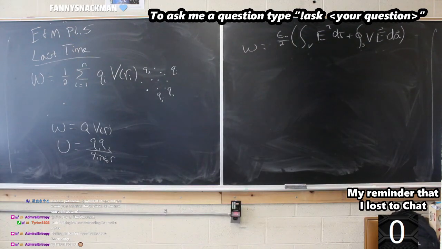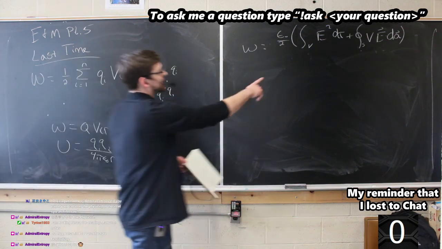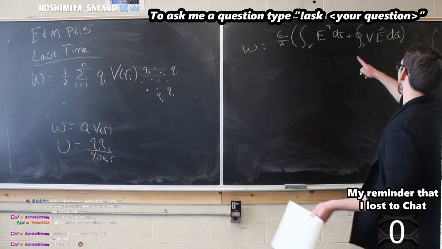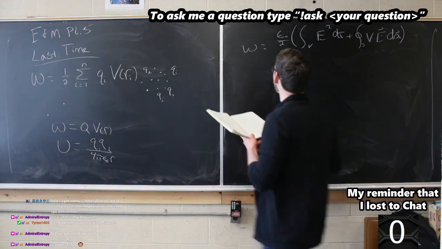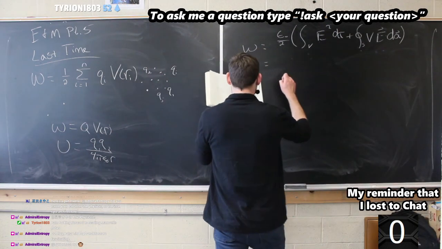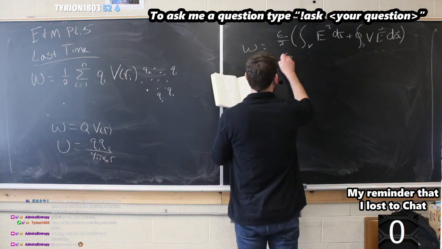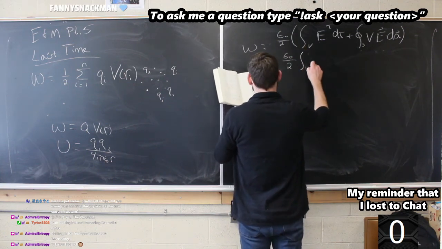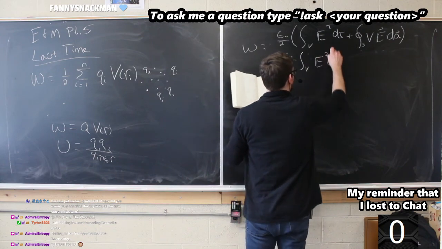When we considered the region of all space, one integral remained with a value, and this integral went to 0. So we were able to rewrite the work equation as just epsilon naught over 2 times the integral over some volume of E squared d tau.